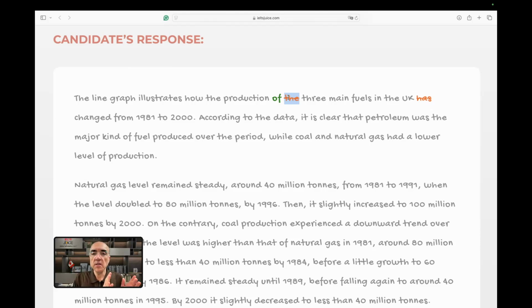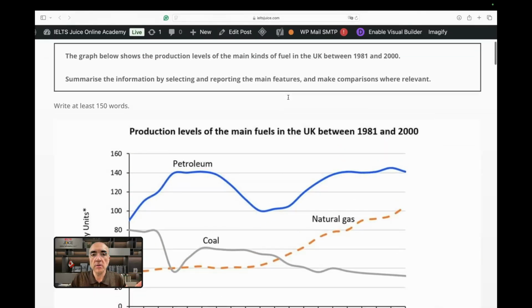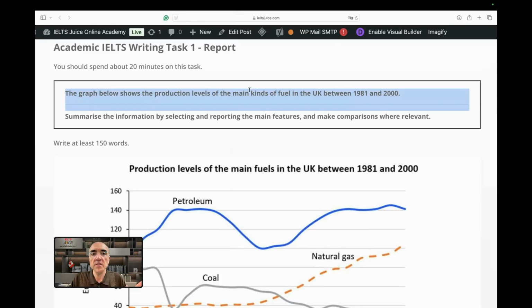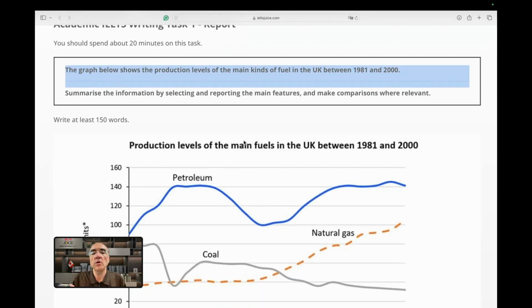The question, the rubric, this part must not be in your response as a source or a reference. You just look at it, you just understand what the task is and what the task asks you to write, and then you start writing.